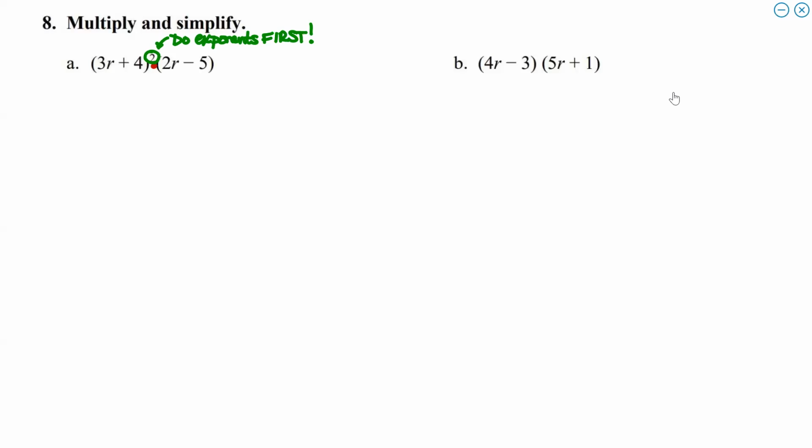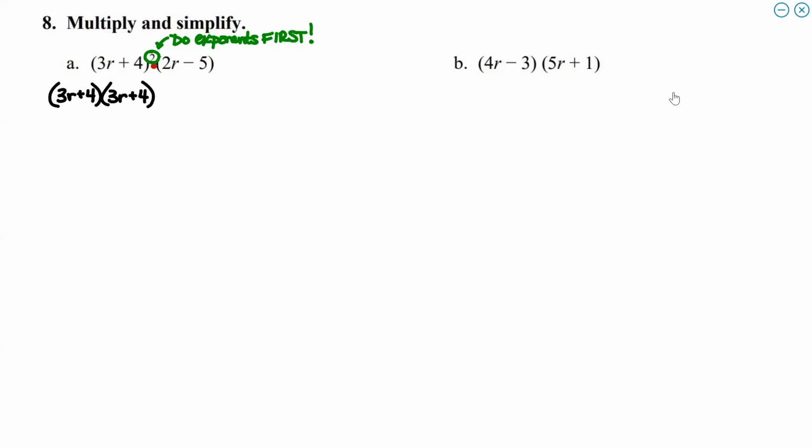All right, so what does an exponent of 2 mean? Multiply it by itself. So 3r plus 4 times another 3r plus 4.